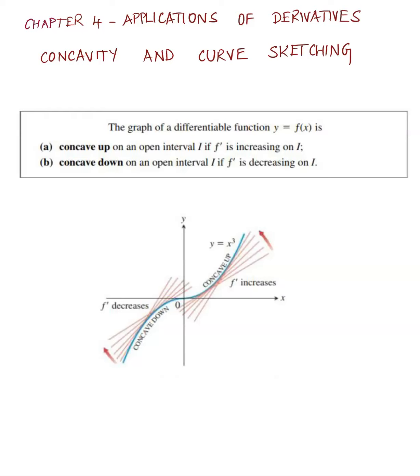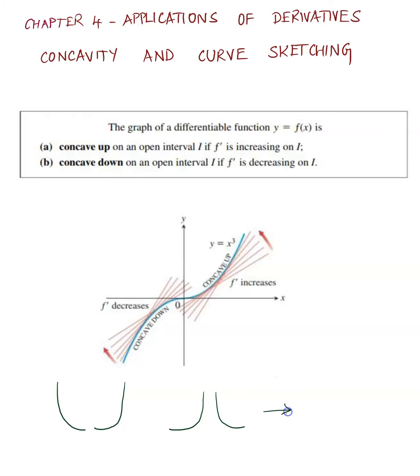A quick way to understand the shape it takes, because this is all about the shape when you have f prime increasing and decreasing: you can cup your hands together, and you will get a shape like this. And if you keep the same shape but interchange your hands, then you will have a shape like this.